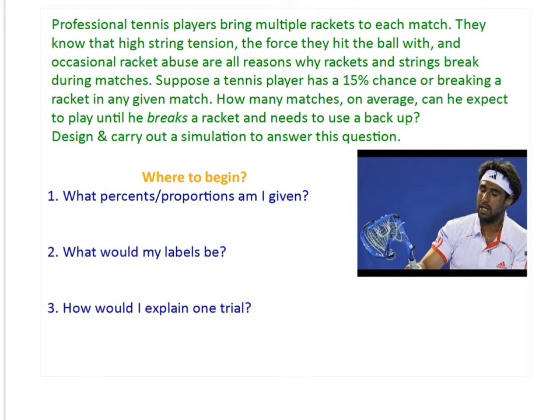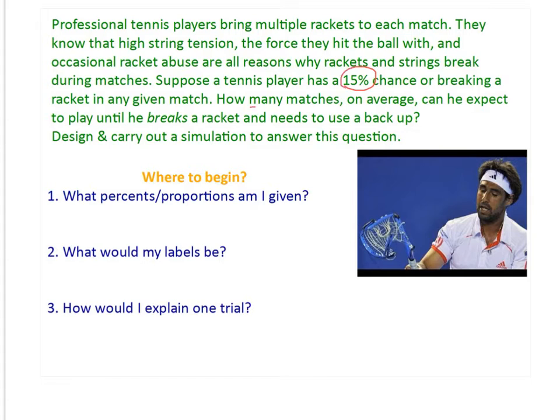So let's take a look at an example. It says professional tennis players bring multiple rackets to each match. They know that high string tension, the force they hit the ball with, and occasional racket abuse are all reasons why rackets and strings break during matches. Suppose a tennis player has a 15% chance of breaking a racket in any given match.